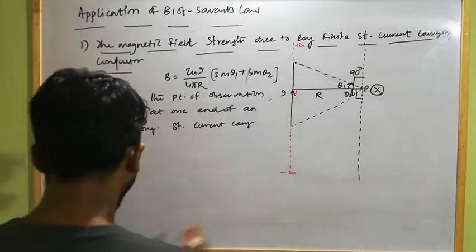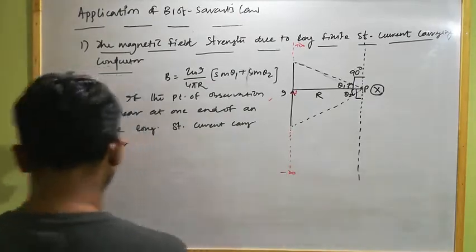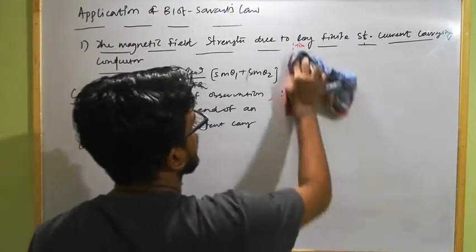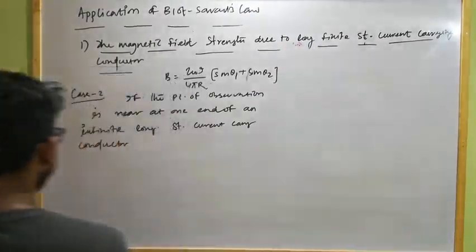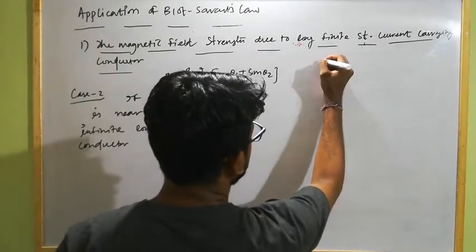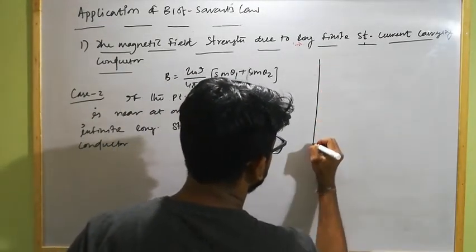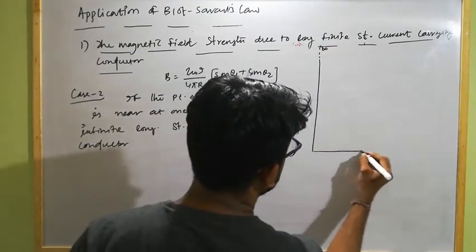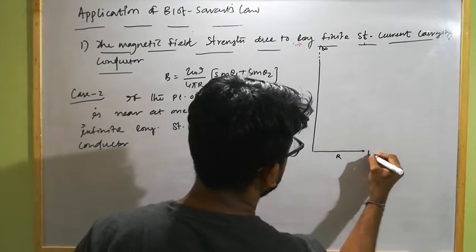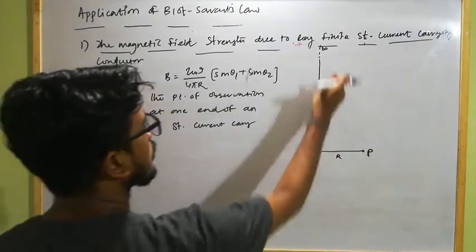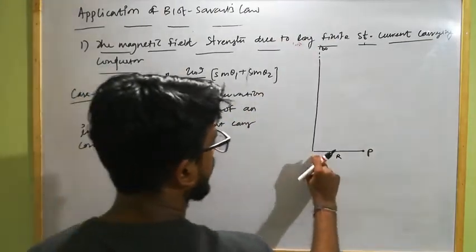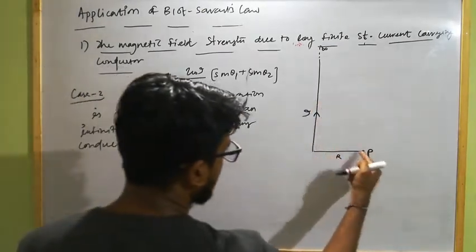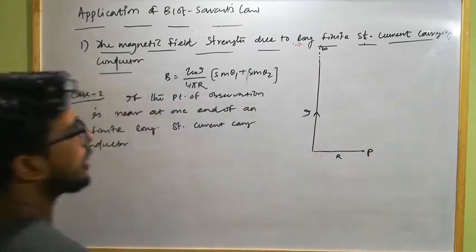That means the figure will be like this. This is a long straight current carrying conductor which goes up to infinity, and the point of observation is at a distance r from this one end P. This conductor reaches up to plus infinity, the point of observation is at point P, and it carries current I. So what is the magnetic field strength due to this infinite long straight conductor at point P?